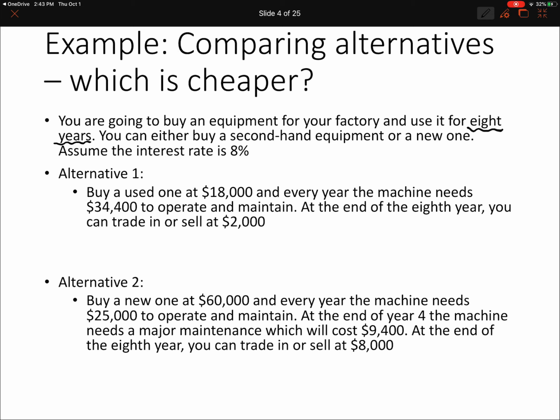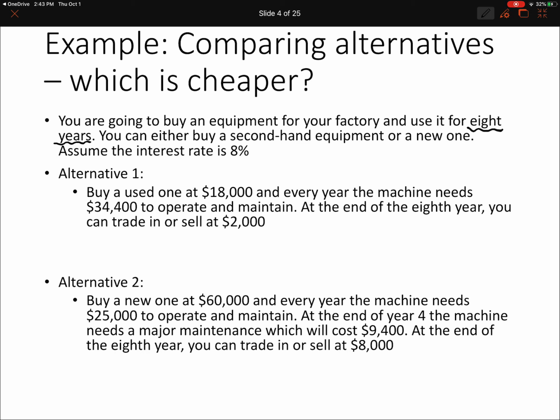Another option is you buy a new one, a new excavator, maybe. The new machine is brand new, which means the quality is very good. So every year, the money you spend on maintenance, checking, and repairing it might be very low compared to an old, used one.